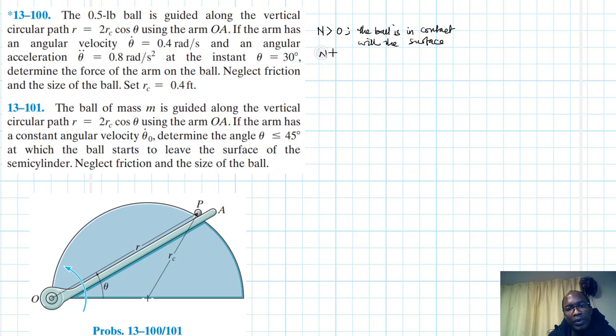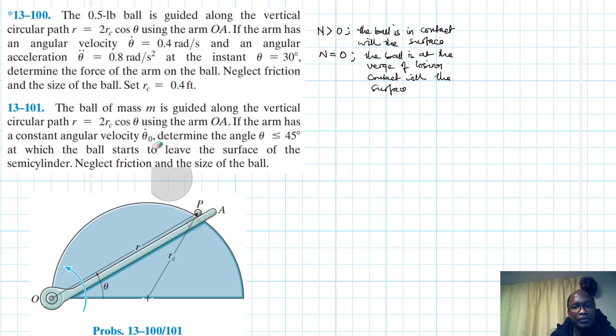When the normal force is equal to 0, it means the ball is at the verge of losing contact with the surface. Here we are talking about this ball here.